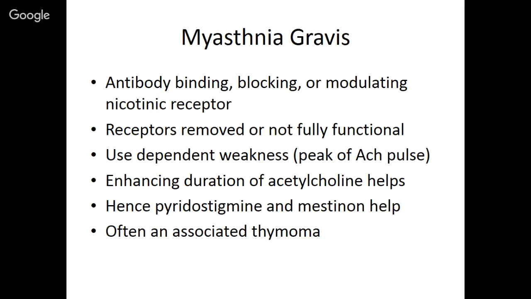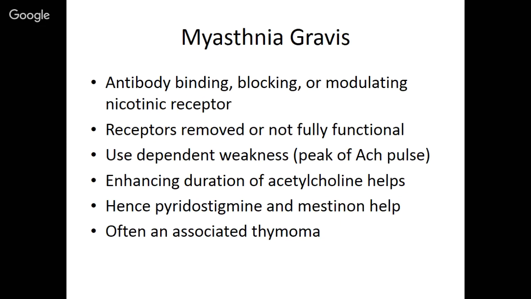This is partly why when you do repetitive activities, you're sort of stimulating the receptors, the antibodies are around, and you end up bringing more of them in. They get degraded, and it takes a while to replace them. Use-dependent weakness is sort of the cardinal feature of this disease, and enhancing the duration of acetylcholine helps.